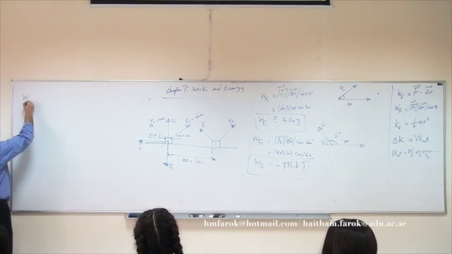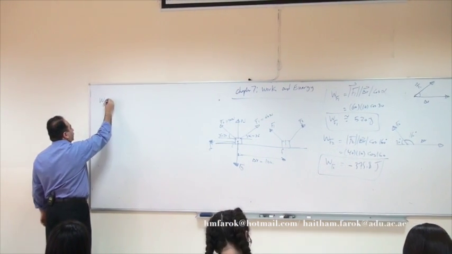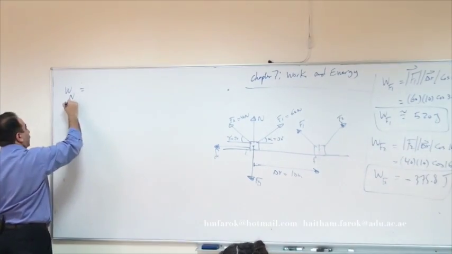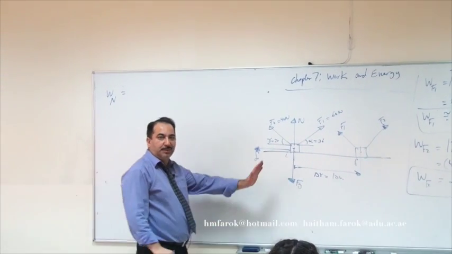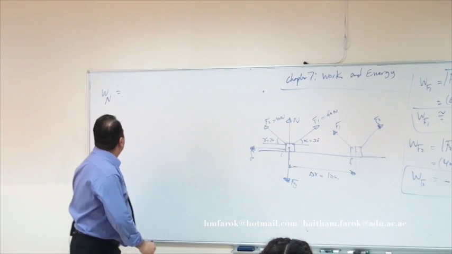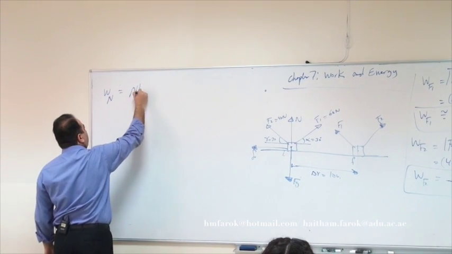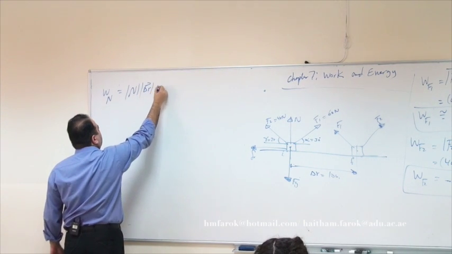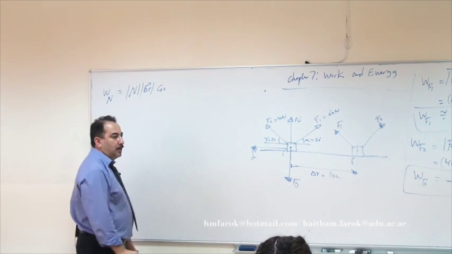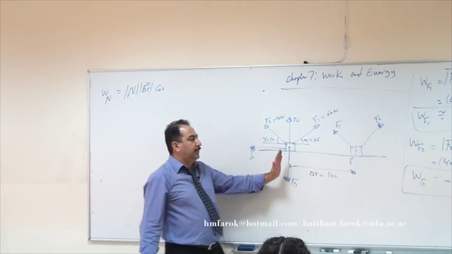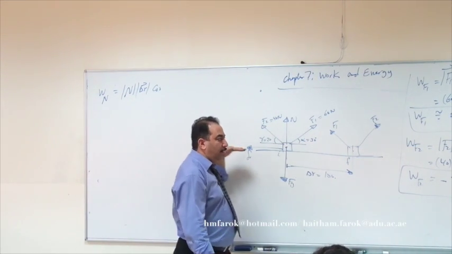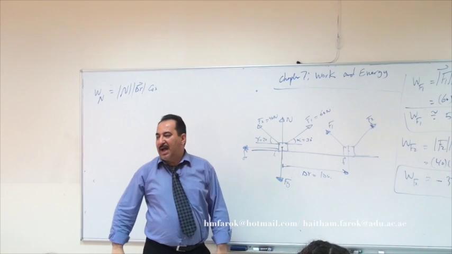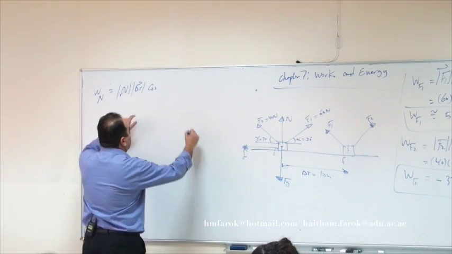Let's take W N, normal force. I need the normal force magnitude, displacement magnitude, cosine the angle between them. Which way is N? Up. Which way is delta R? Horizontal. What's the angle? Okay, I put a sketch here.